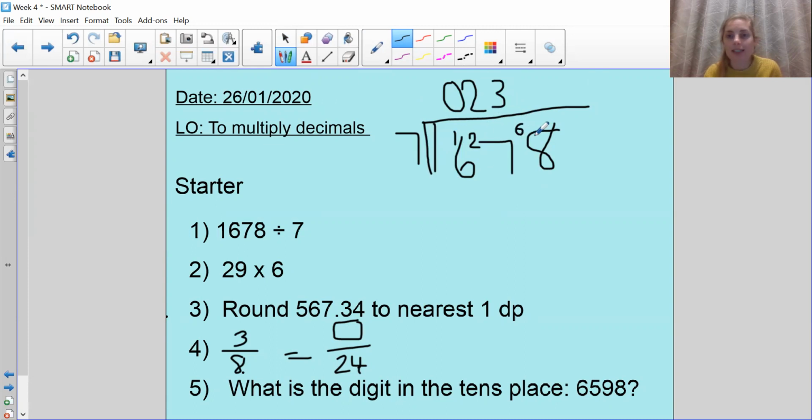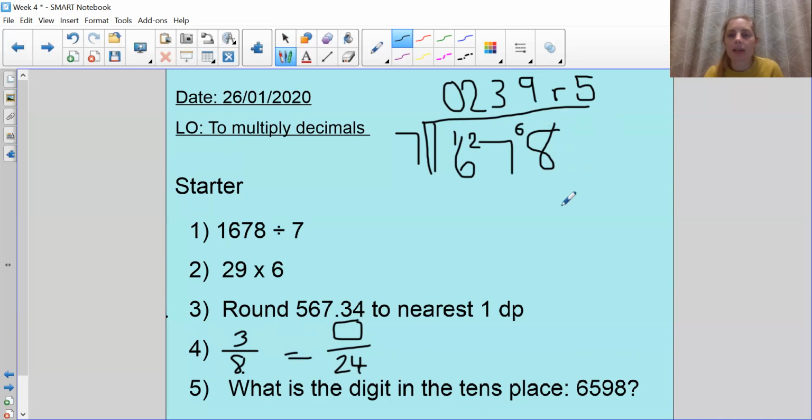And 7 goes into 68. Oh, I've got to think now. 9 times 7 is 63. So it'll be 9 times, which is 63. And then I'm left with remainder 5. Okay, using your times table knowledge there.